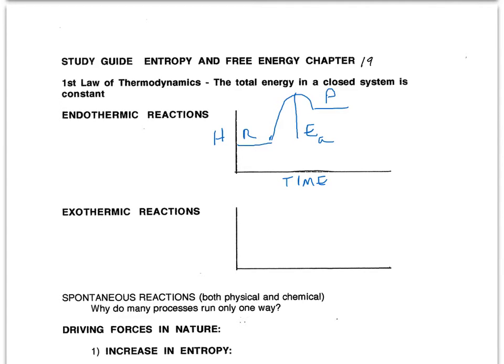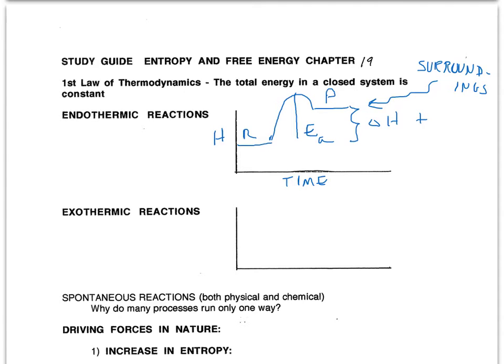But here's what we mean, the application of the first law of thermodynamics. My delta H for an endothermic reaction is positive, and what happens is the exchange of energy goes from the surroundings into the system. And we will be referring to the surroundings and the system.